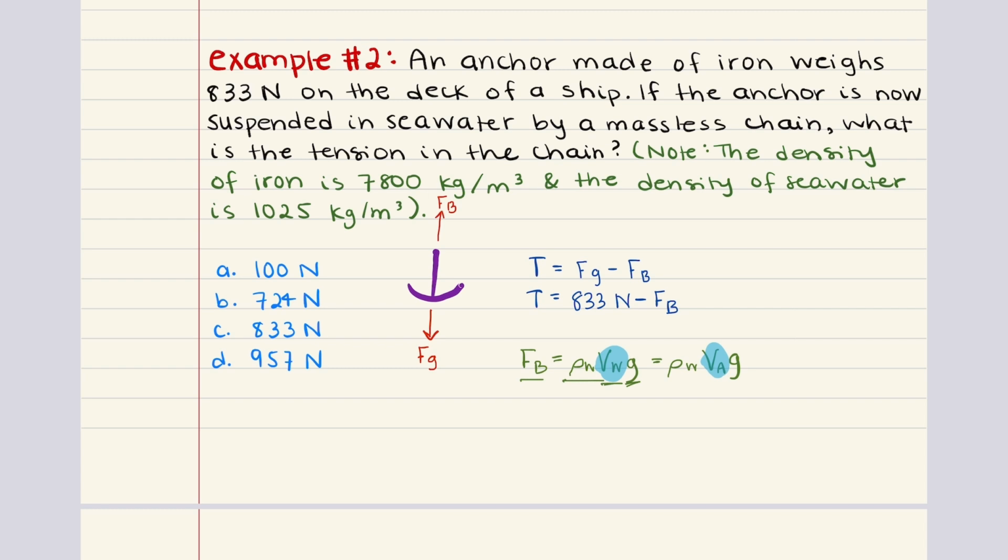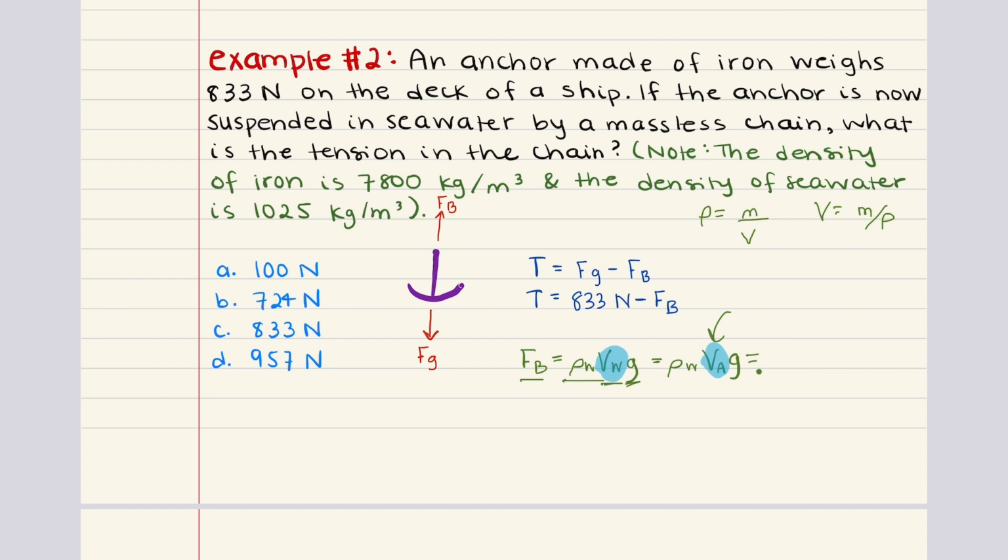We don't directly know the volume of the anchor, so instead we're going to replace volume with mass divided by density, because density is equal to mass divided by volume. If we're trying to calculate volume, volume is just mass divided by density.